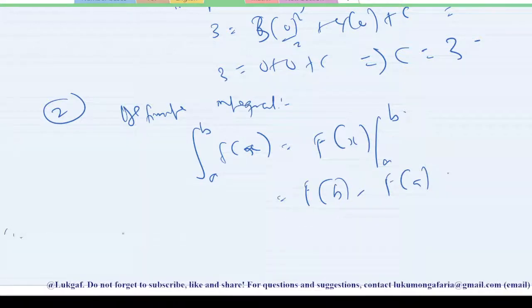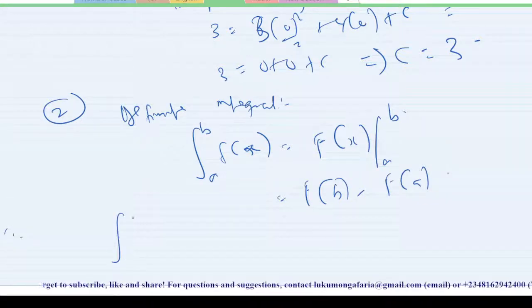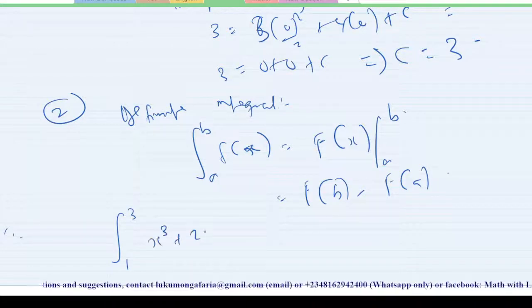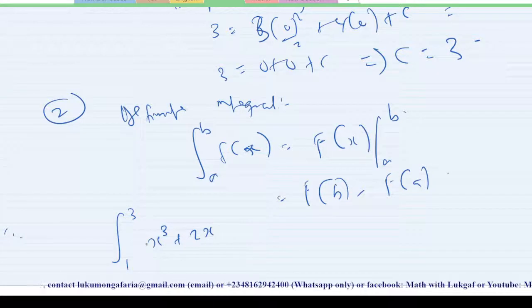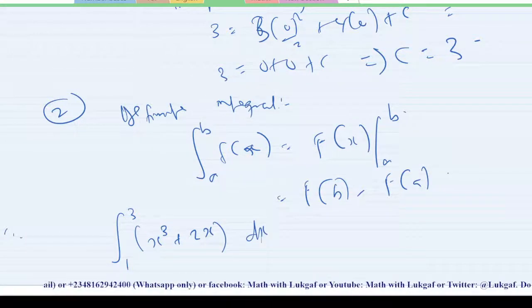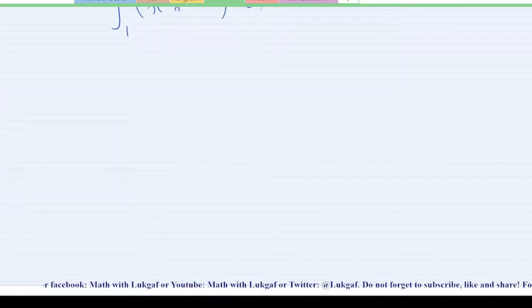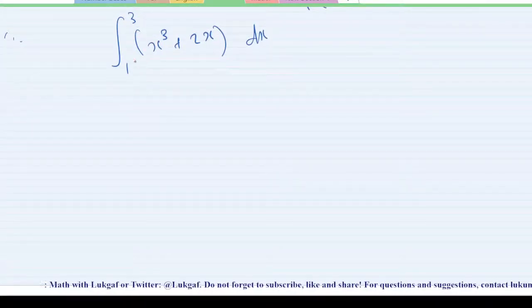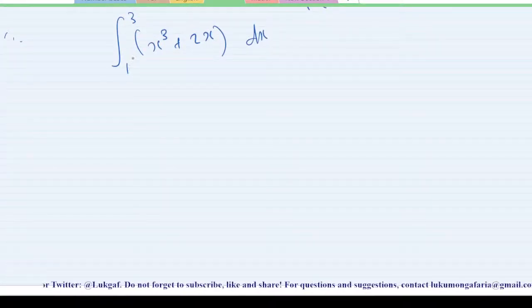Let me give you an example to back it up. If you have the integral from 1 to 3 of x raised to 3 plus 2x with respect to x. If you want to do this, don't forget it's a definite integral because of the limits.